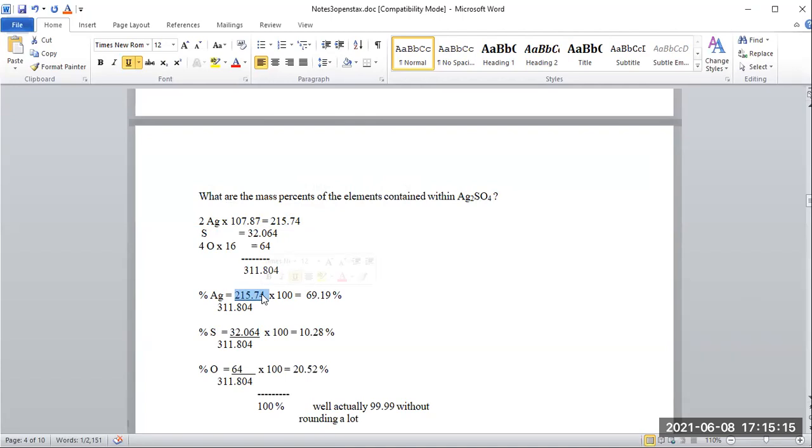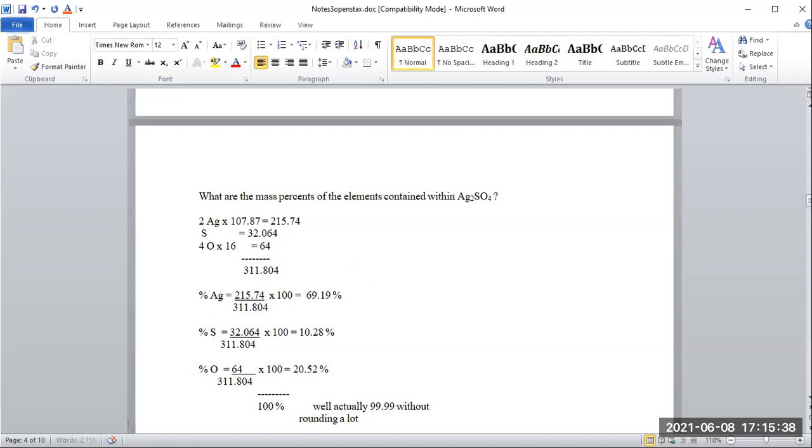I've already done the multiplication step of the fact that there are 2 atoms times the 311.804. Do your division, multiply by 100 so it actually looks like a real percentage, and I get 69.19%.